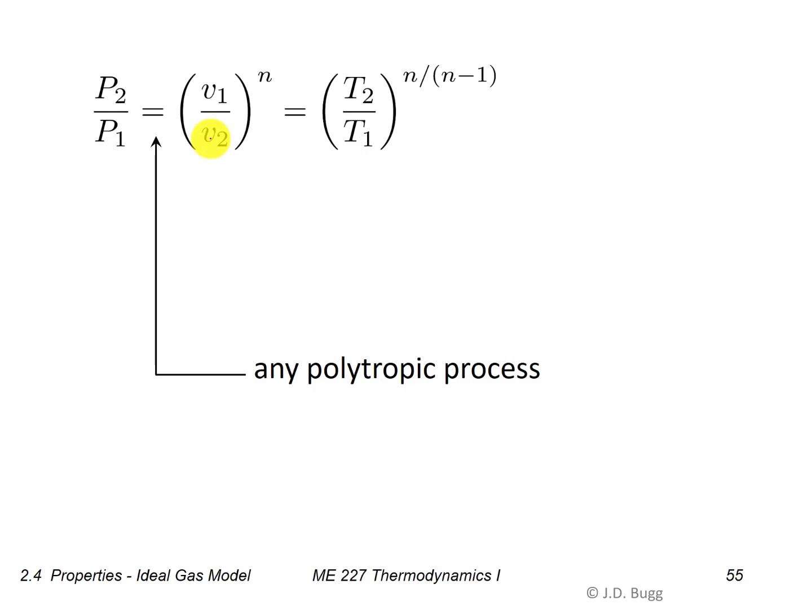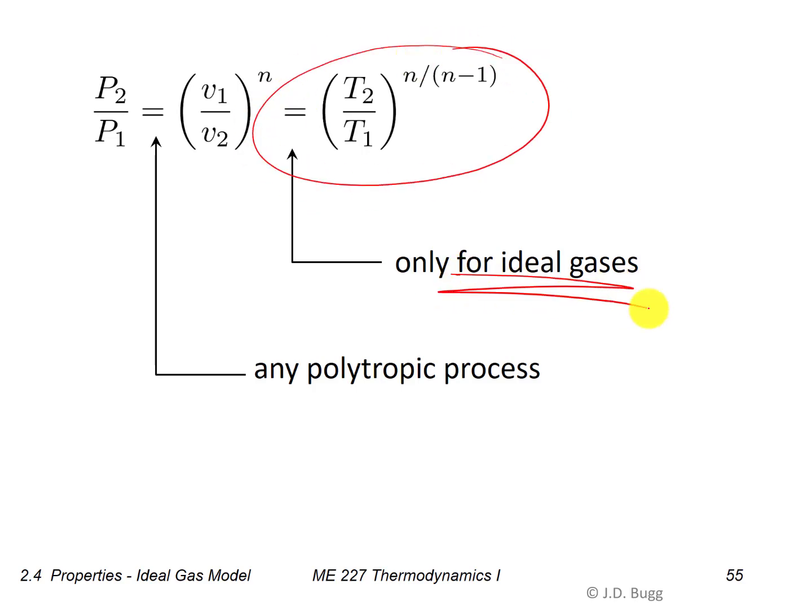However, if we want to relate either the pressure ratio or the volume ratio to the temperature ratio, this part is only for ideal gases. If we relate P to T using this equality, we can only do that for ideal gases because we use the ideal gas law to get that connection between temperature and volume. So these are very useful expressions, but it's critical to remember that this part can only be used for an ideal gas.